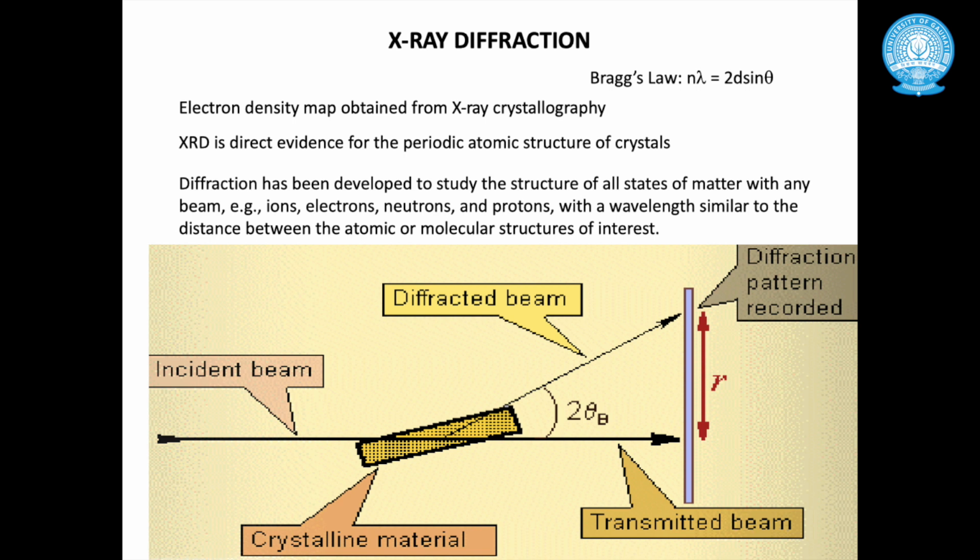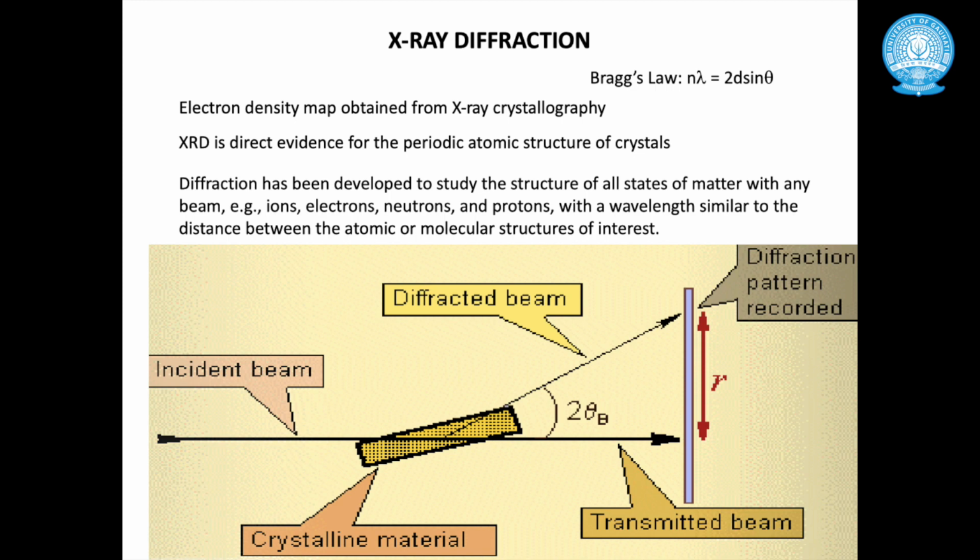And X-ray diffraction is very much related, but this is a sophisticated technique, and not many people are able to access an X-ray diffraction instrument because it is quite costly, and interpretation of X-ray diffraction data is not that easy. Even the interpretation of NMR data may be easy compared to X-ray diffraction data.